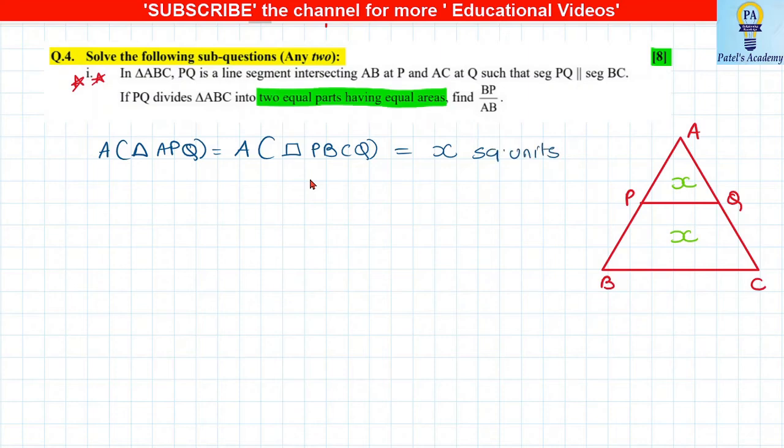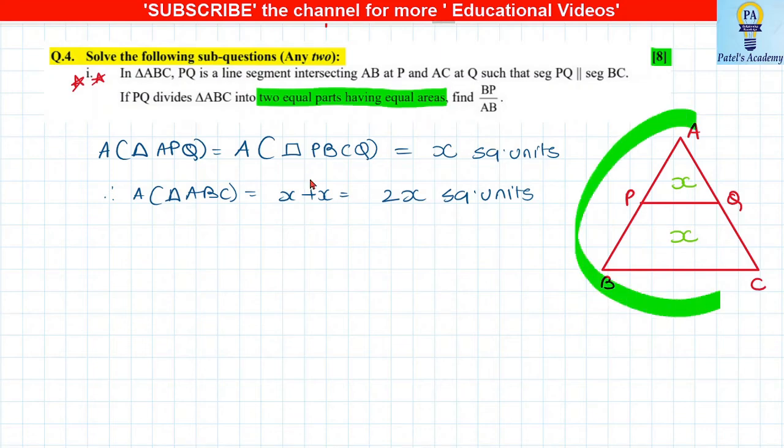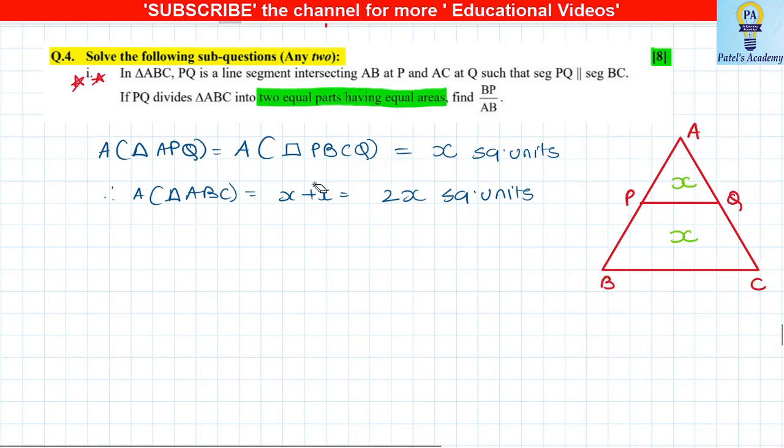So what will be the area of the whole triangle? Area of triangle ABC is going to be x plus x, that is 2x square units, right? The total area, I'm talking about this total area, is going to be x plus x, 2x.